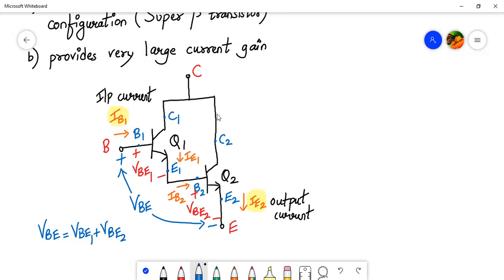So this becomes my Darlington pair, right? This composite arrangement of two transistors Q1 and Q2 becomes my Darlington pair. I can draw it again as a composite transistor, just as a single transistor, just a symbolic form. This will be the collector, we can mark it. This is base, and this is emitter.